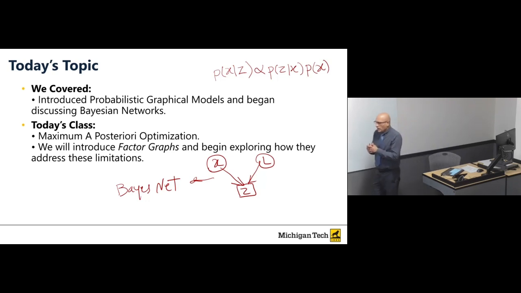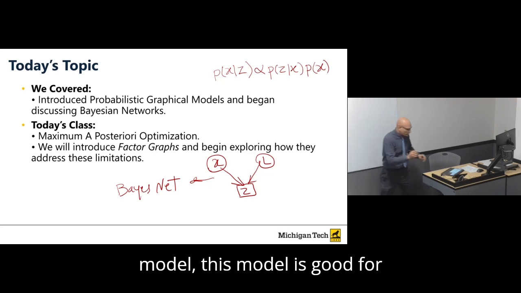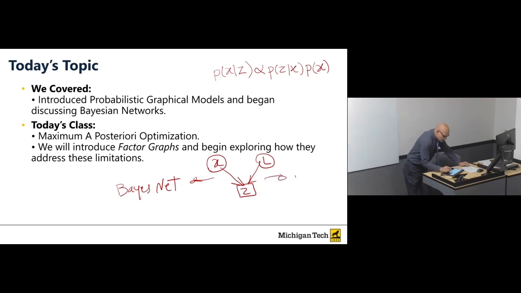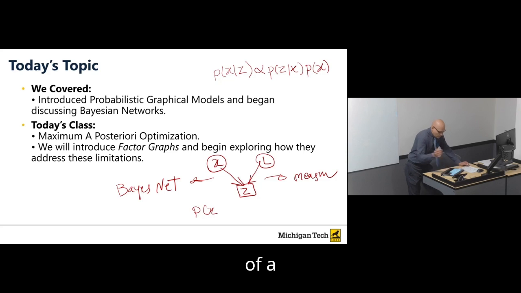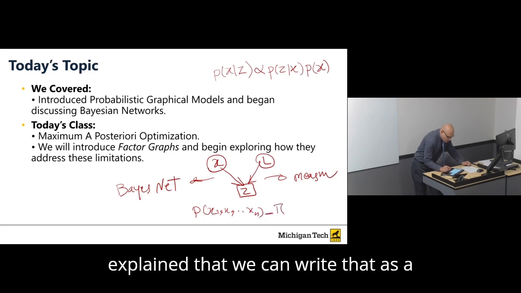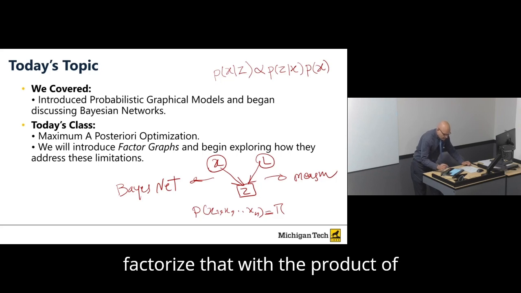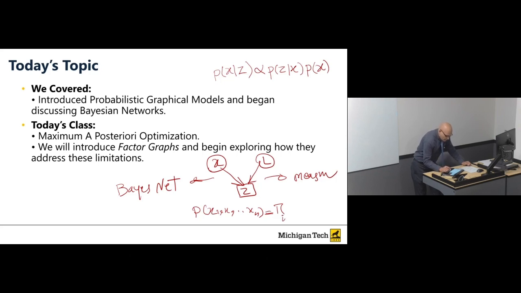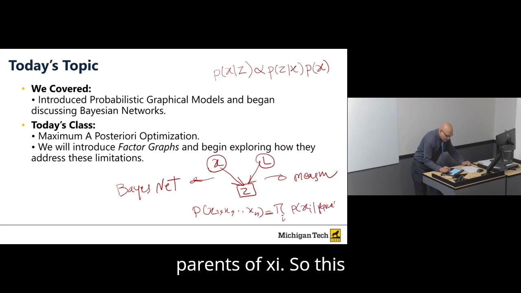So today we're going to talk about how this model is good for measurements, and it's good for the joint probability of x1, x2, and xn. We already explained that we can write that as a product. We can break that down or factorize that with the product of some conditional probabilities, xi given parents of xi.